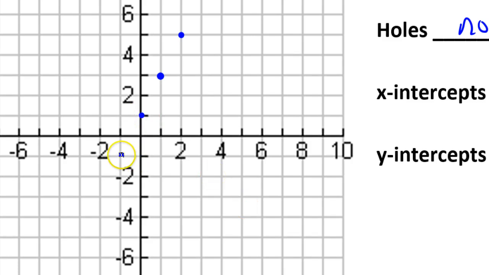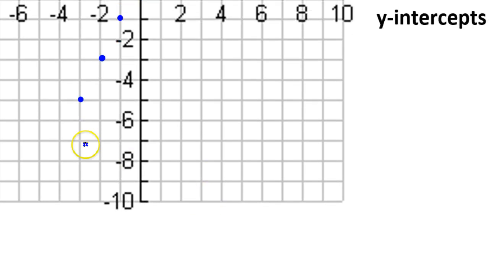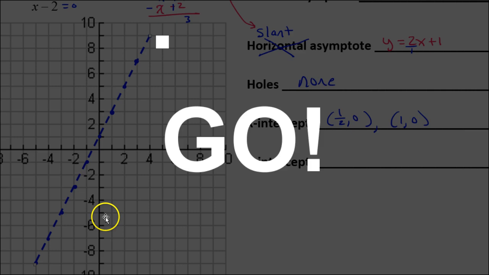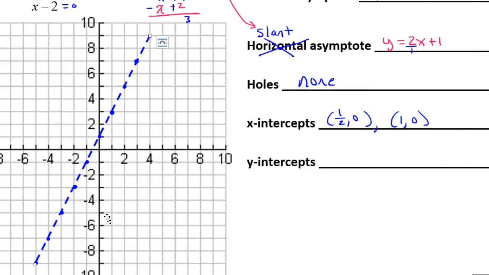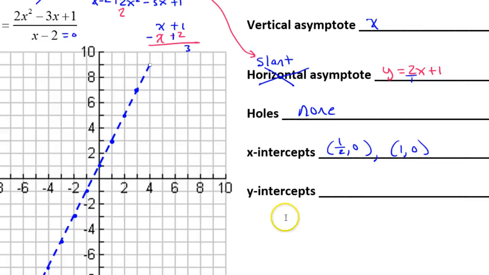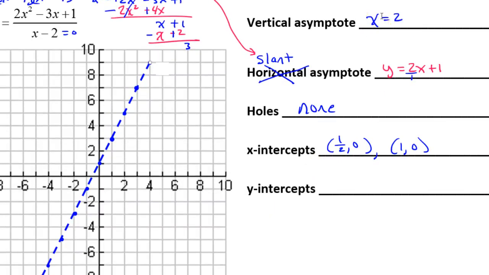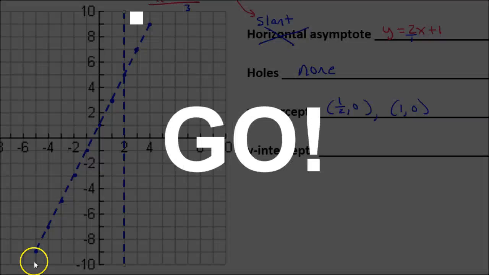I can also go down 2 back 1, like this, to continue the pattern in the other direction. All right, so there's my slant asymptote. I also have a vertical asymptote at x equals 2, so let's go ahead and graph that.